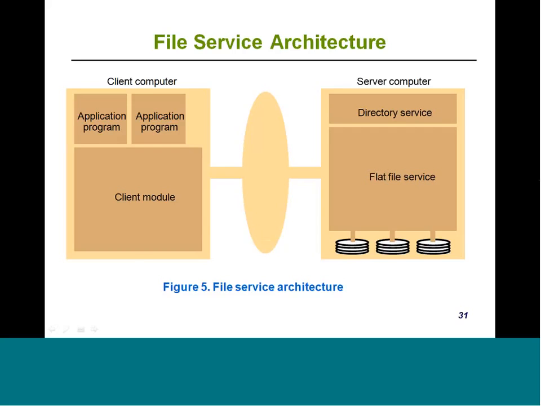When the client tries to access the flat file service, it directly collects the data and sends it to the client. You can think of the client computer as interacting one-on-one with the file services. There is a directory service and a flat file service, and the flat file service collects the file information and sends it to the client.